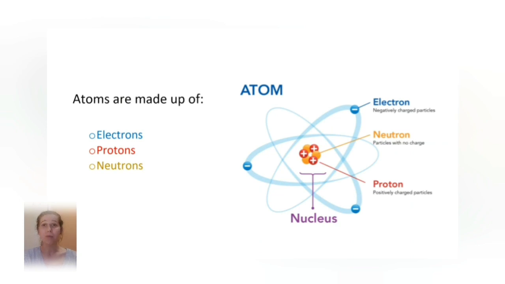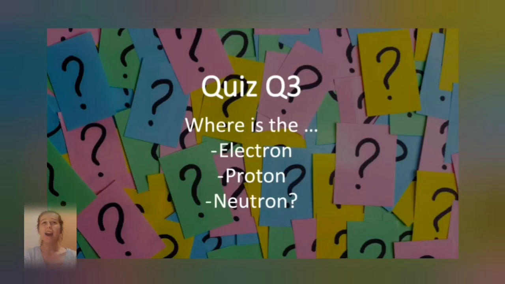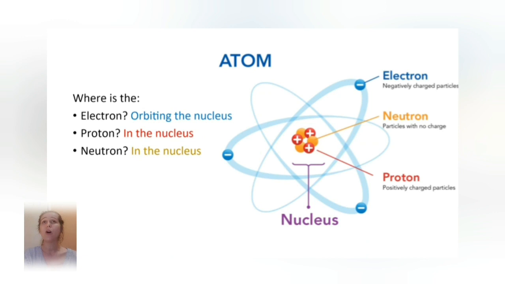Atoms are made up of electrons, protons, and neutrons. And where are the electrons, protons, and neutrons? Well, the electrons are orbiting the nucleus, protons are in the nucleus, and neutrons are in the nucleus as well.